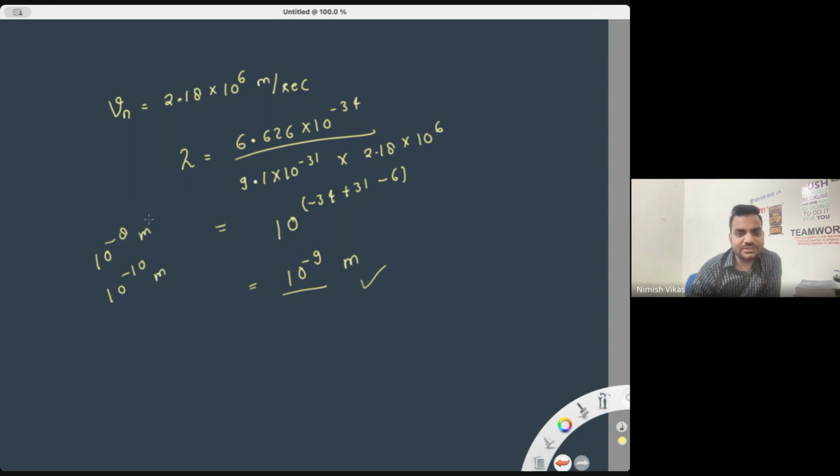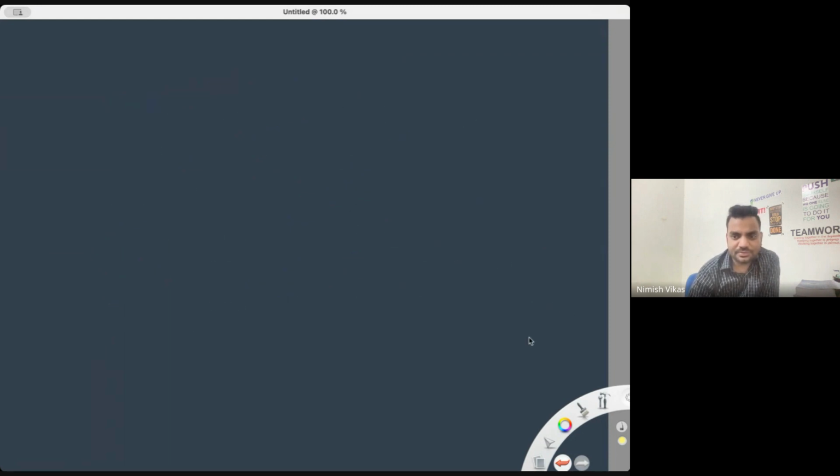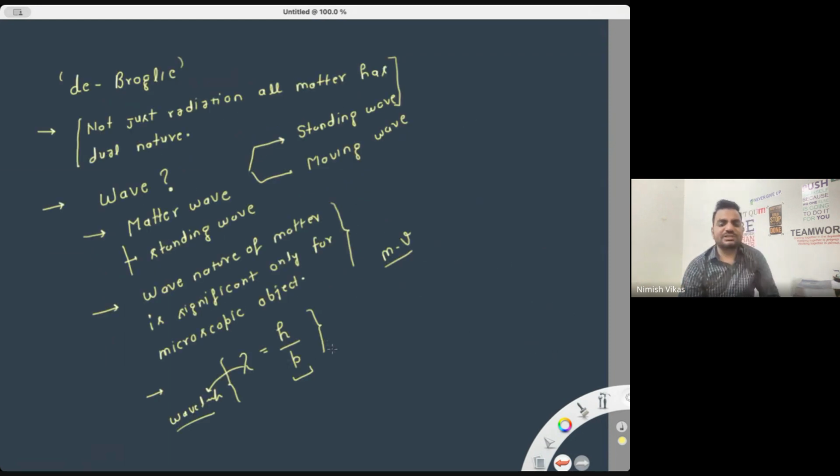If the wavelength of a single electron is in this dimension, it won't be exactly that, we have to solve it, but it is not insignificant. We have to consider it. So de Broglie proved that it is wise to consider the wave nature for microscopic objects, but not for macroscopic ones.